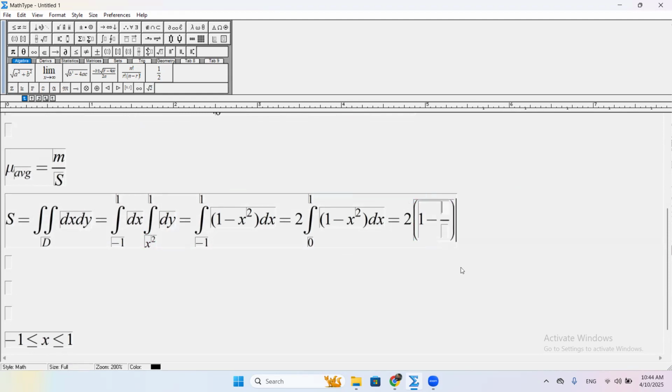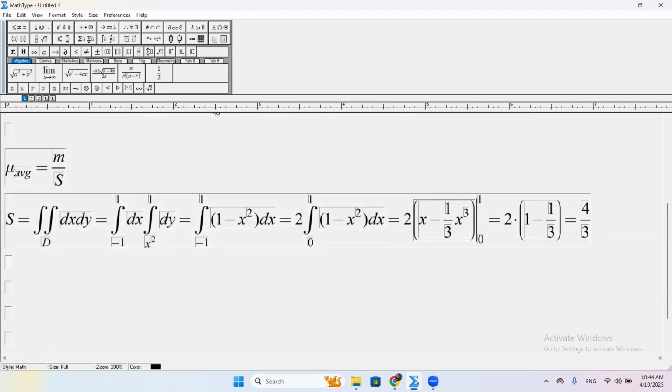So x minus 1 over 3 x cubed, from 0 to 1. So 2 by 1 minus 1 over 3. So actually it will be 4 over 3.